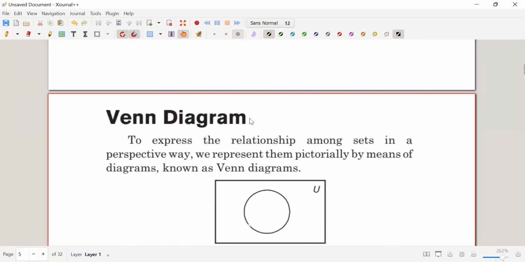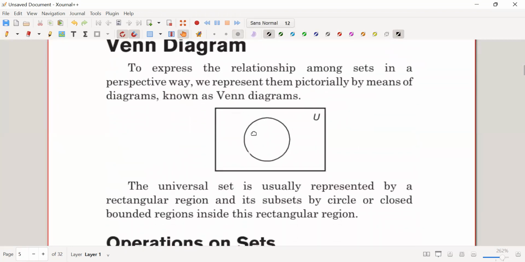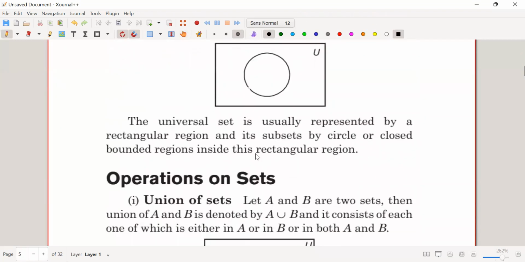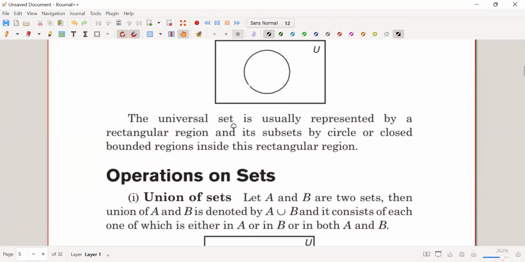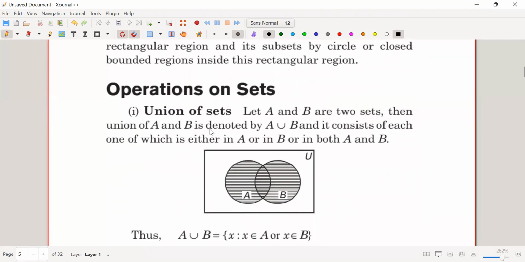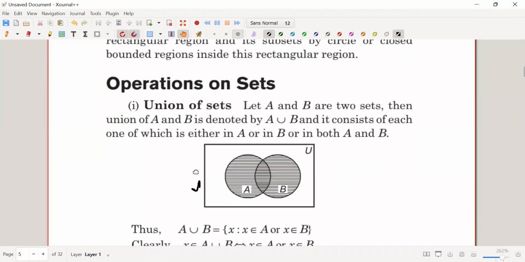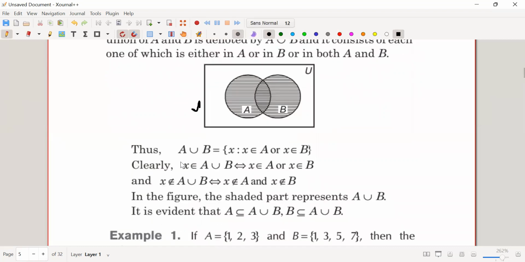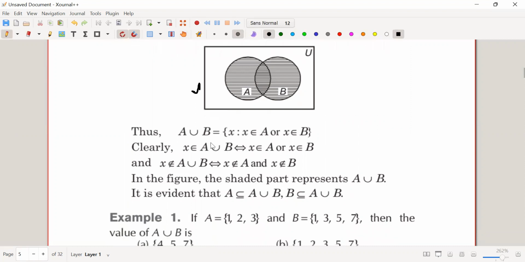You already know how to express it in a Venn diagram. How to express in a Venn diagram. This overall is the universal set, and this is the required set. Operation of sets, A union B. Thus, A union B is equal to all the elements from A and B together.